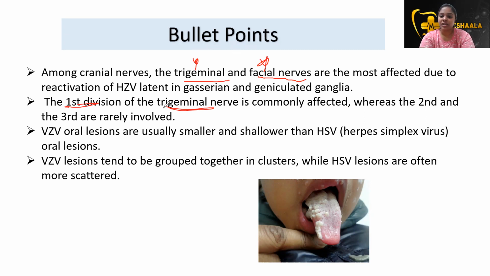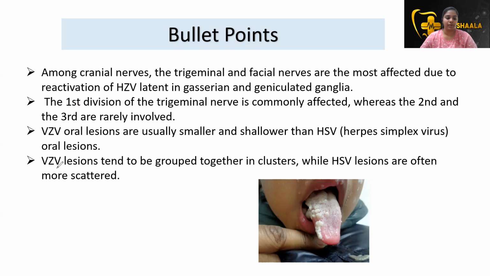Then oral lesions are usually smaller and shallower than those of herpes simplex, and the VZV lesions can be grouped together like clusters, while HSV lesions are more spread out. These are the differentiating points between VZV and HSV. Here you can see again the tongue involved in shingles, right?